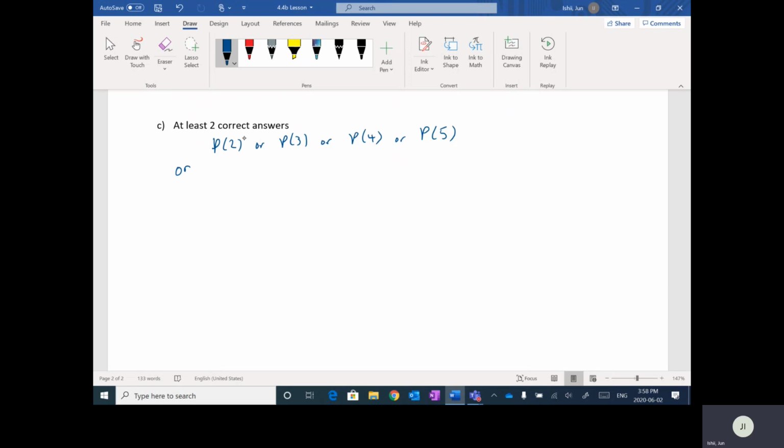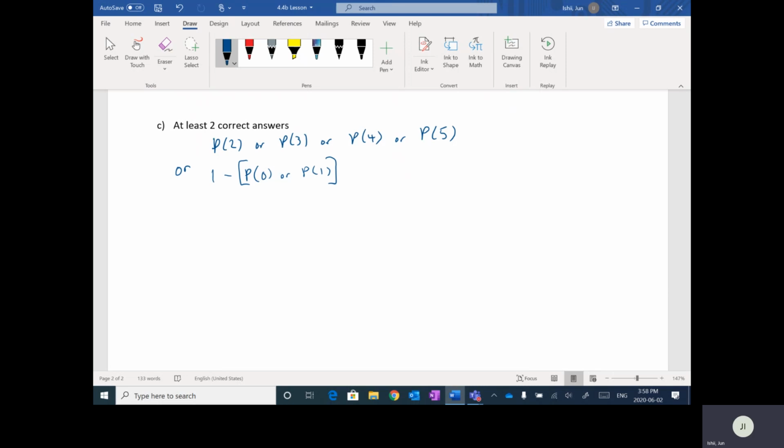If I want at least 2 correct answers, it's going to be the same as 100% minus the probability of getting none right or getting 1 right. So if I calculate this probability and subtract it from 100%, it should give me the probability I'm looking for. I'd rather do 2 of these instead of 4.